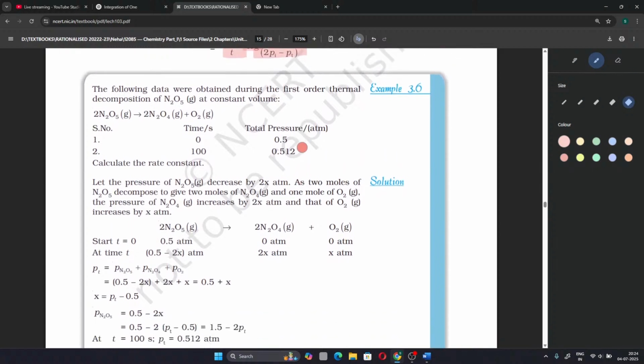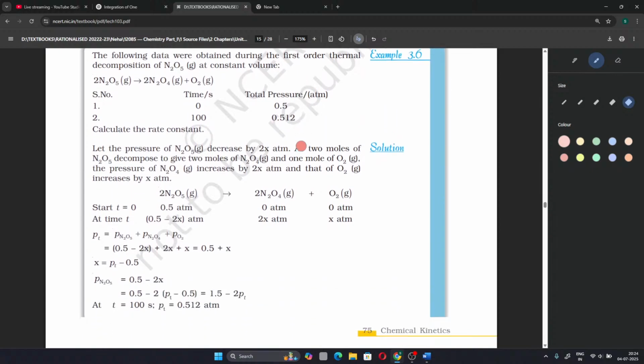The following data were obtained during the first order thermal decomposition of dinitrogen pentaoxide at constant volume. Calculate the rate constant.